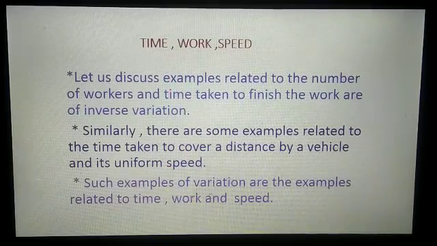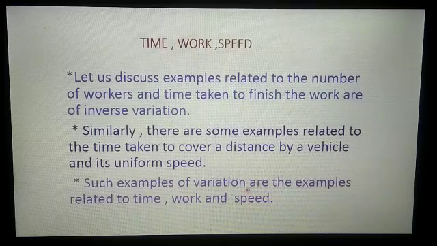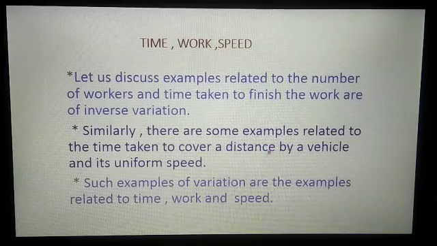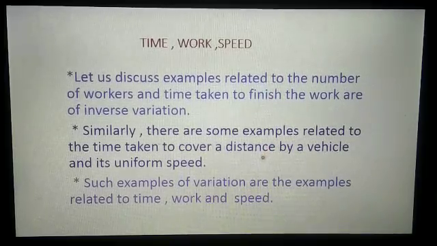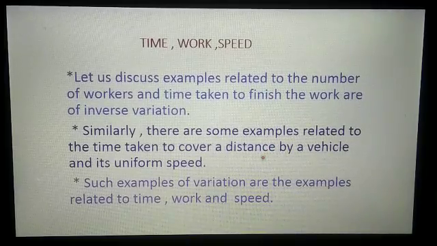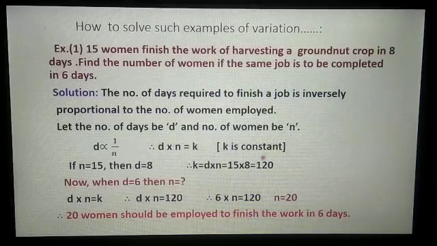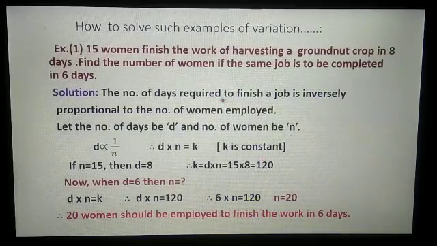Keep in mind these 3 points. You will get to know how the examples are given about time, work and speed. Now let us see how to solve such examples of variation.